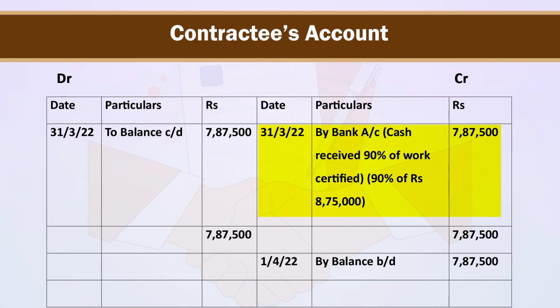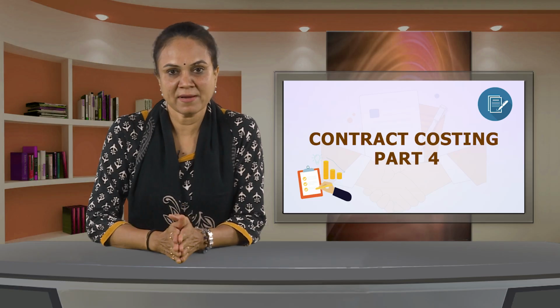Here cash received is 90% of work certified, that is 90% of rupees 8,75,000, and therefore the balance is carried forward to the next year on 1st April 2023 as rupees 7,87,500. Now we will prepare balance sheet.